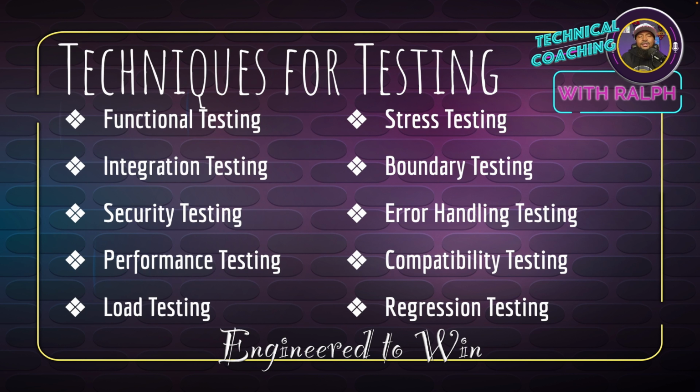Compatibility testing. Usually APIs should be compatible because they're just APIs. They're not UI based, but you should still check it to see if I send a request from here, is it possible that if we send it from a particular user agent, it could be rejected or it can get an error. So that's another reason that you'd want to do compatibility testing, because it should be pretty much working across whatever you send the request from.